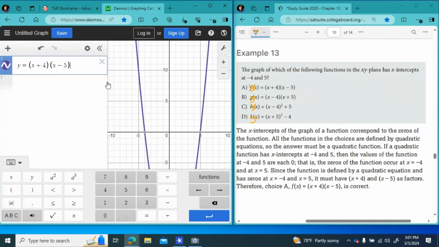If I look at answer choice A, I have an x-intercept at positive 5 and an x-intercept at negative 4.